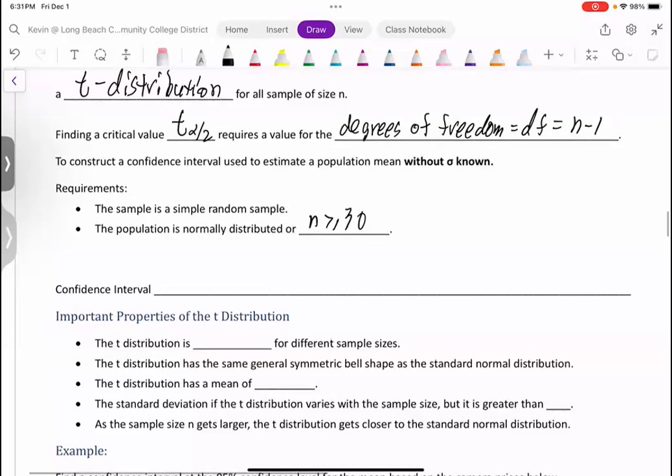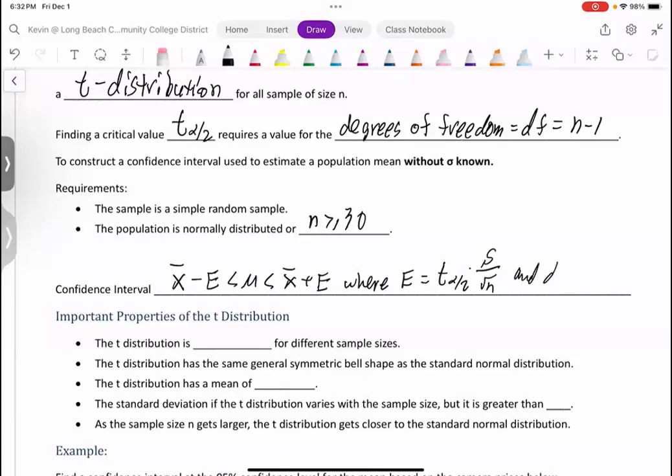And here is our confidence interval, x bar minus E and x bar plus E. This is where E is defined as t sub alpha over 2 times s divided by root n. And our degrees of freedom, again, is n minus 1.